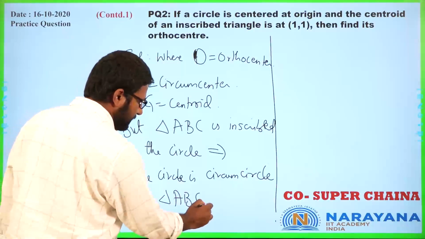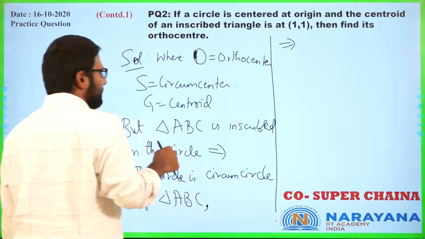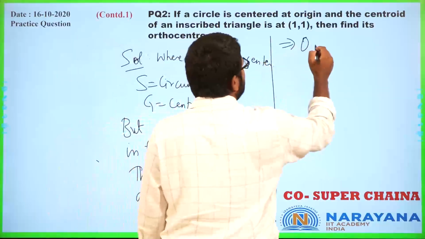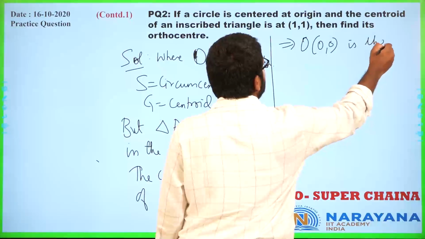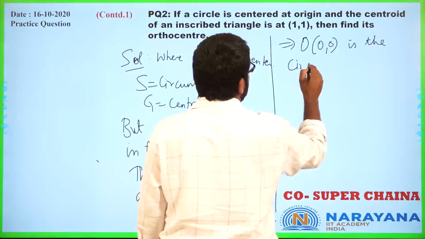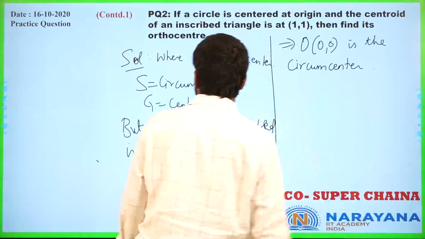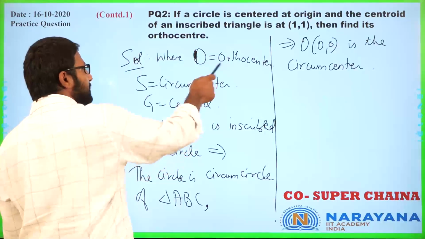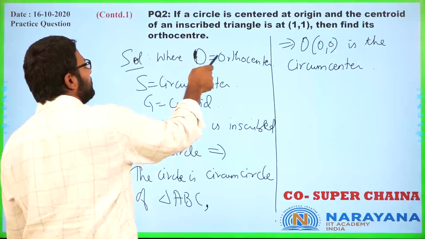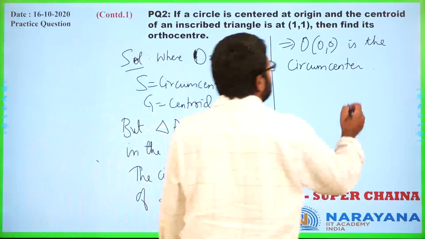And if it is the circumcircle of triangle ABC, then O is the circumcenter. Which O? Origin is the circumcenter. That's it. So now we know circumcenter, we know centroid. We just need to figure out the orthocenter, right?